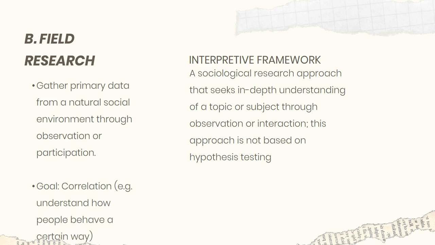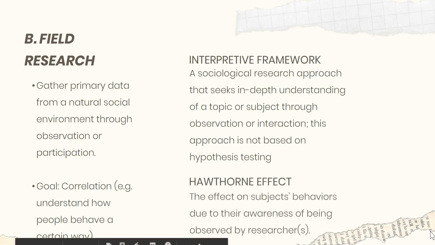So in this approach, as I mentioned, they're not trying to test causality. There's more emphasis on how do the subjects experience their lives, or how do they share their opinions about certain issues that the scholar is very interested in studying.